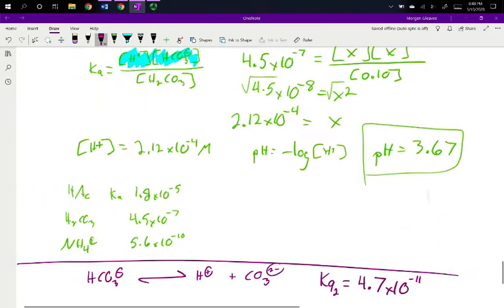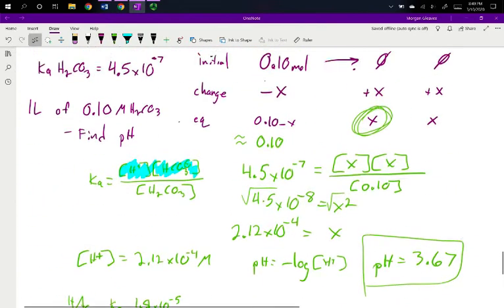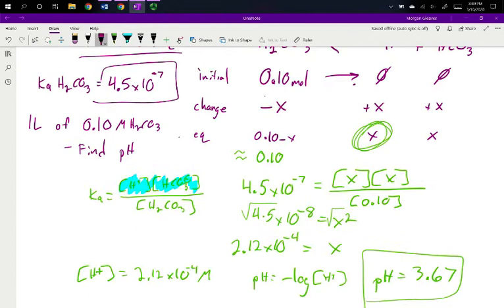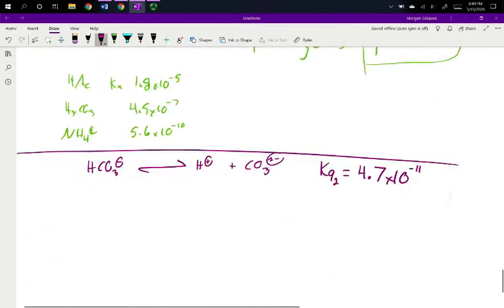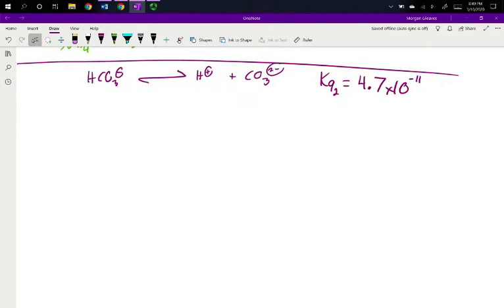So comparatively, just scroll back a little bit, we had 4.5 times 10 to the minus 7, so 10 to the negative 7, versus 10 to the negative 11. It is a much smaller Ka, which means this second proton is far less acidic. It doesn't really want to come off, but a little bit can, which technically means there's still a little bit of extra H plus that will show up.